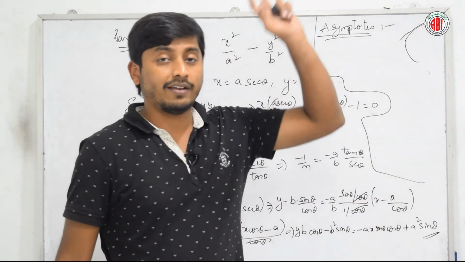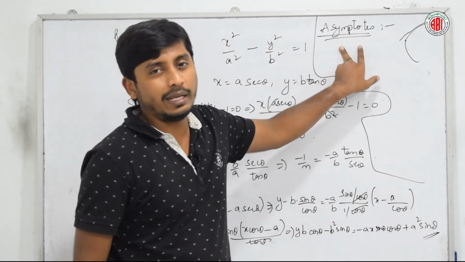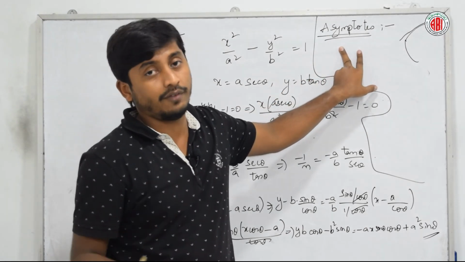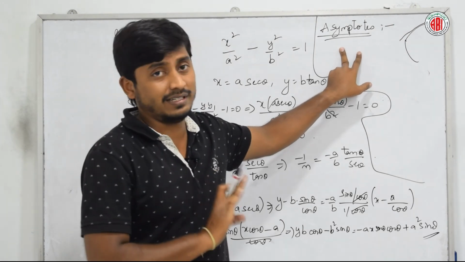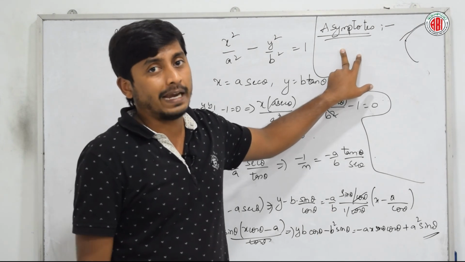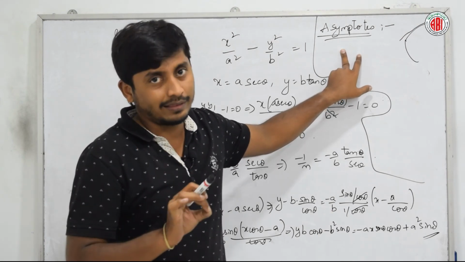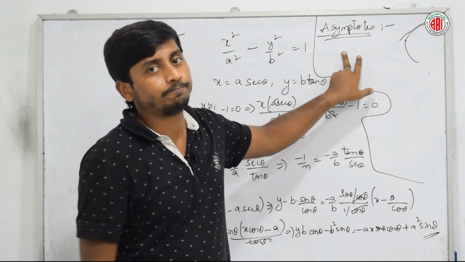It touches somewhere at infinity. These asymptotes are very important in our future classes, but as of our intermediate, just the introduction is important. That is, asymptotes are nothing but the tangents of hyperbola at infinity.